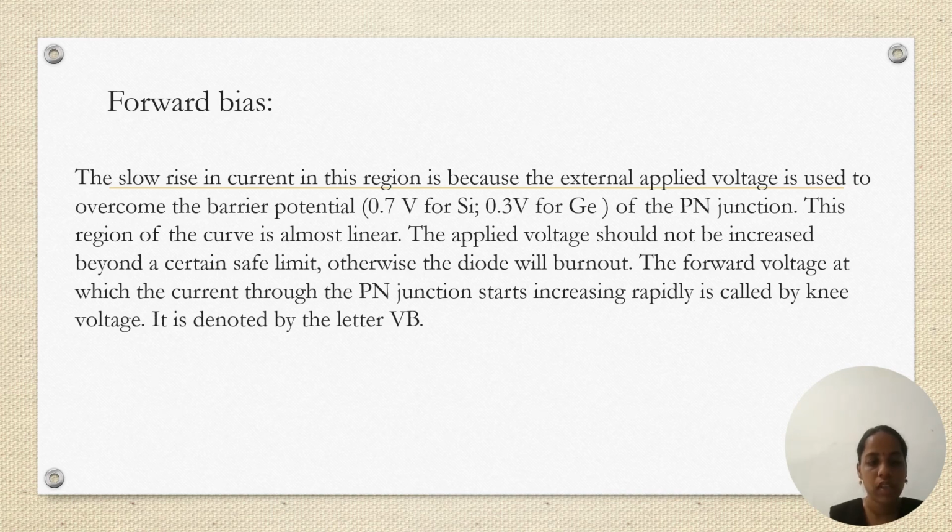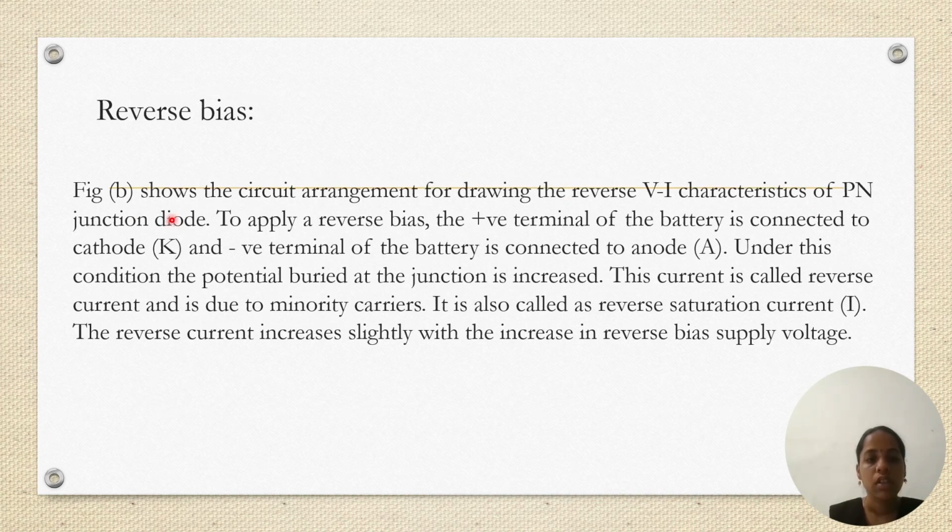Next, reverse bias. In reverse bias of p-n junction diode, to apply a reverse bias, positive terminal of the battery is connected to cathode and negative terminal of the battery is connected to anode.